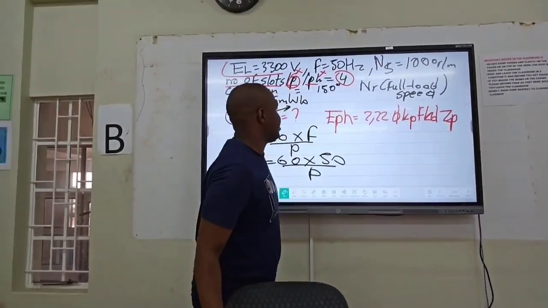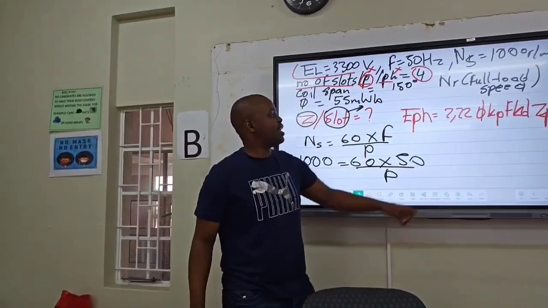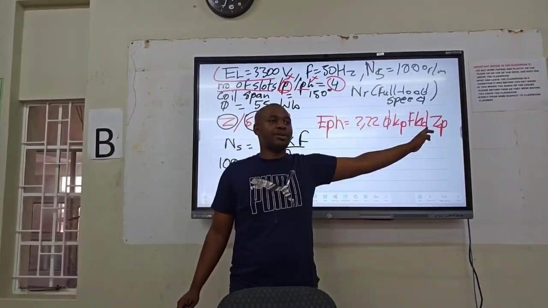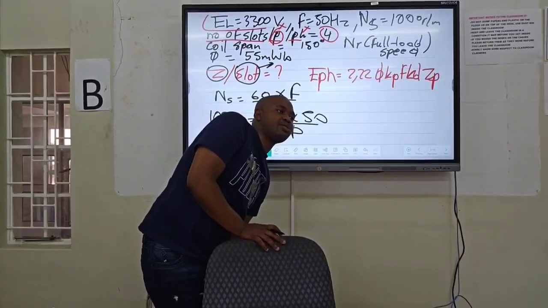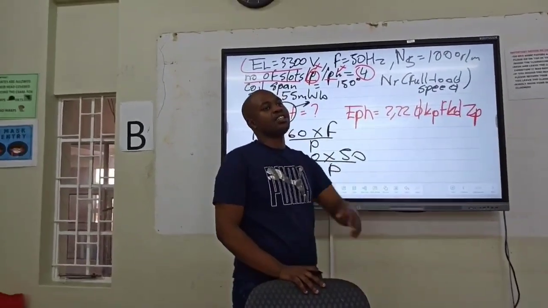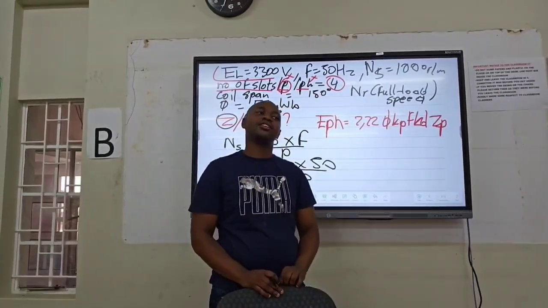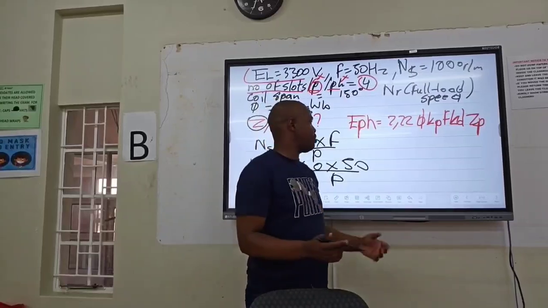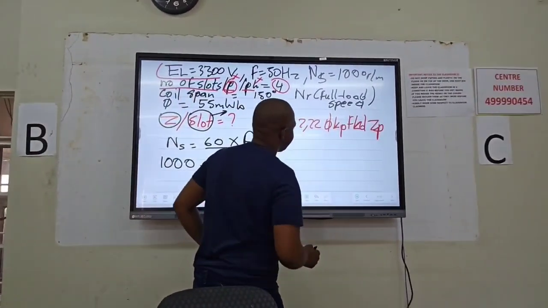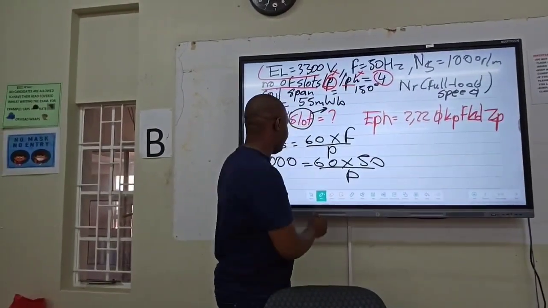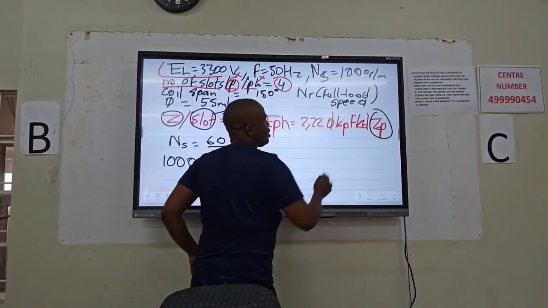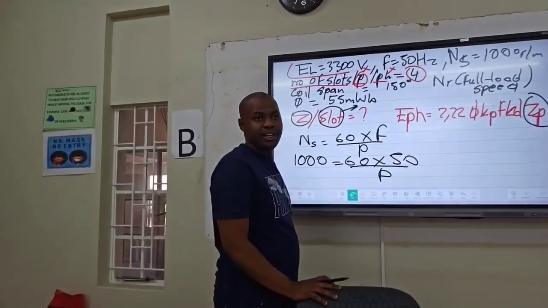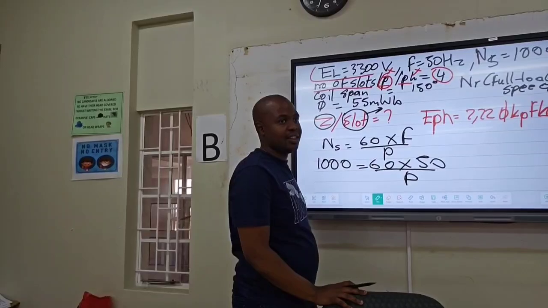Okay, everything is there now. And that's the conductors per phase. Z per phase, where Z means the total number of conductors. So I want to find the conductors per phase.